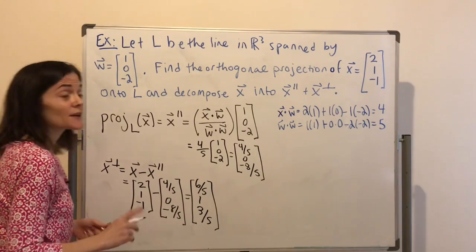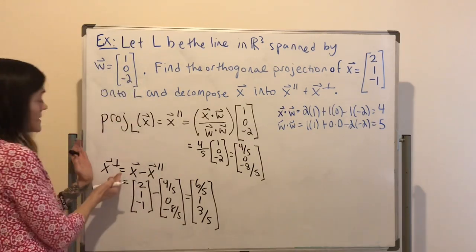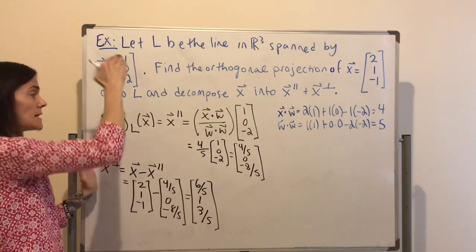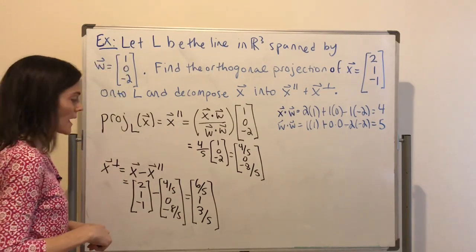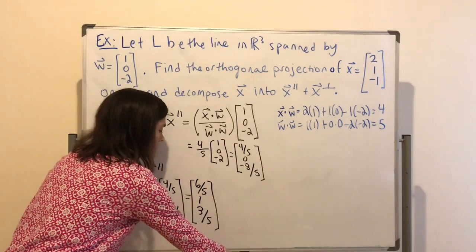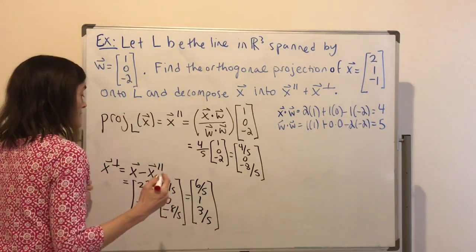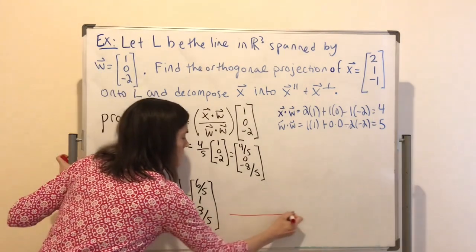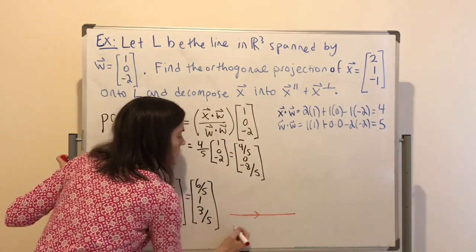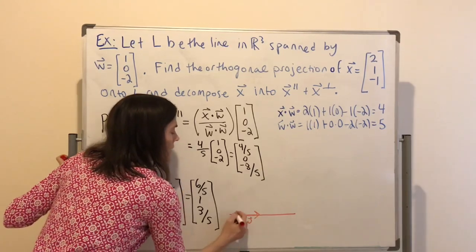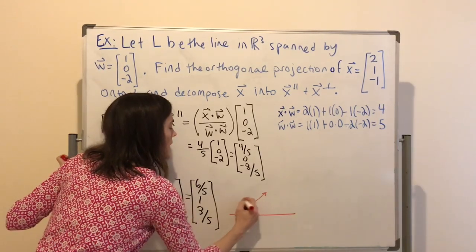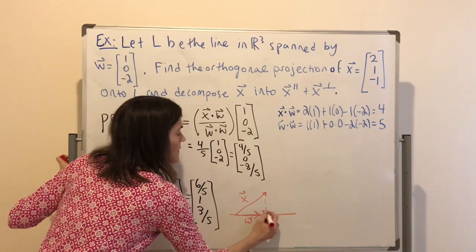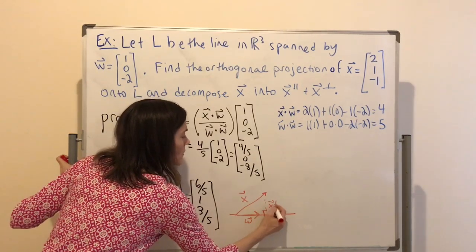Now, we should have that this part is orthogonal to W because it's orthogonal to the whole line. If you remember my picture, it's erased now, but here's the line, and here was W, and then up here is X, and then this vector is here.